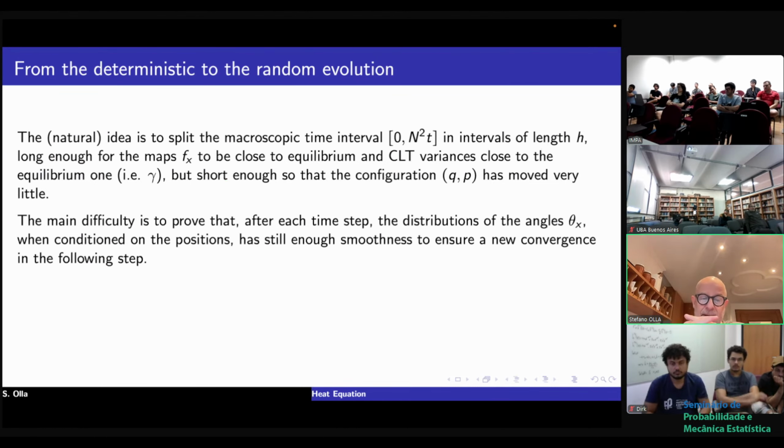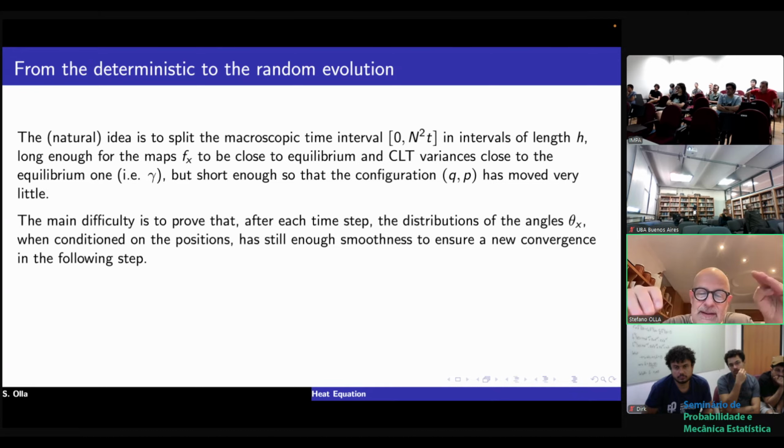So the main difficulty is to prove that at each time step of length h, you get a new distribution of the angle. We started with some distribution of the angle theta, and now we let it evolve. The thetas evolve how they want, and then the configuration q, p moves a little bit. Now you have to show that, conditioned on the position that you got, q and p, the distribution of the angles still has some absolutely continuous part.